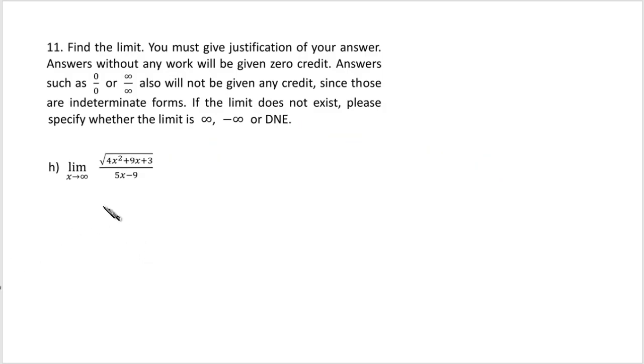Okay, again, you're taking x to infinity, so we must be dividing by the highest power of the denominator. In our case, you're dividing by x. So limit x going to infinity and 5 minus 9 over x. That's what you're going to get in the bottom. But on the top, it's a little complicated.